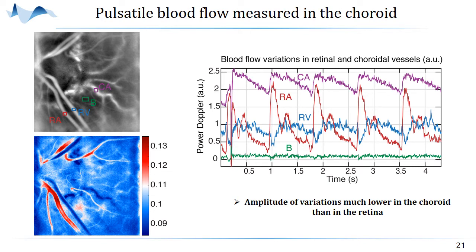But it might also be that the vascular resistivity in the choroid is lower than in the retina, so it could also lead to lower variation. And the reality is probably a combination of these two factors, but the fact is that the retina and the choroid are not in the same layer, so we're not able to compare directly the blood flow fluctuations.